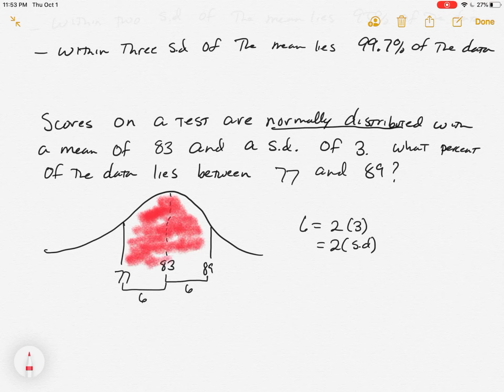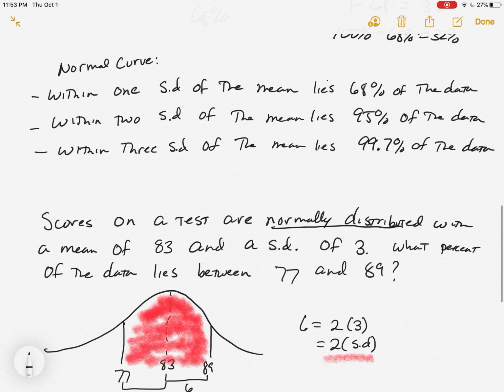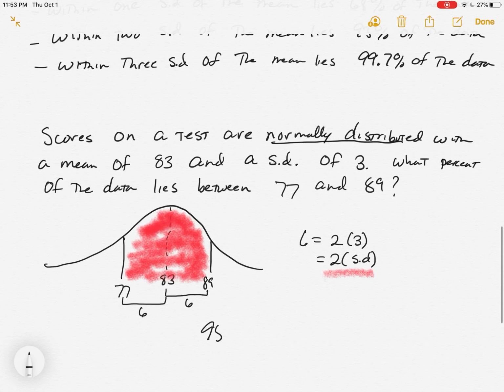This area in here, they want to know what percentage of the data lies within there. Well, you're going out 2 full standard deviations. Well, if you're going out 2 standard deviations, we just have to look at our chart that we'll bring with us or memorize, and we know that the answer is 95%. 95% of the data lies between those two values.